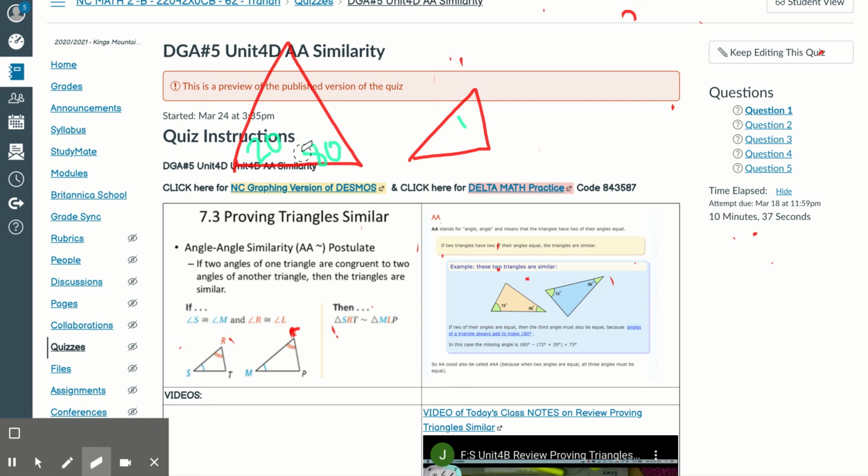So give me a second. I'm going to change that to a 70. Alrighty, that one would be a 70. So that's 70 and that's 20. And let's say this one up here is 90, even though it doesn't look like it. And then maybe this guy down here is 20.